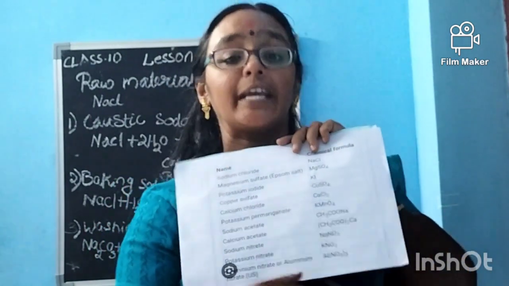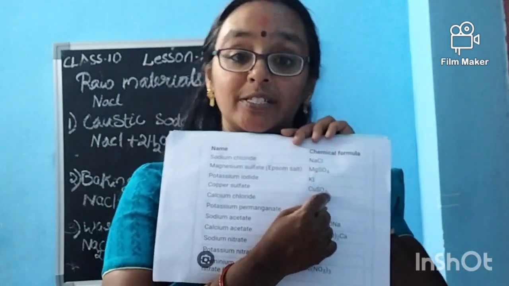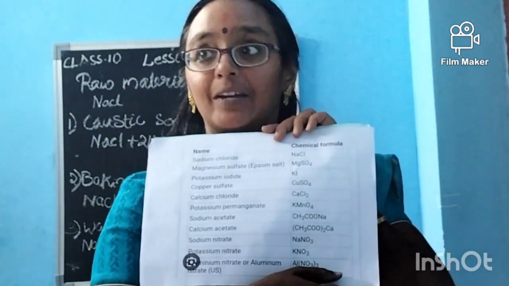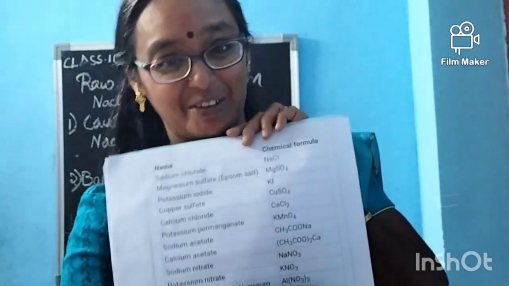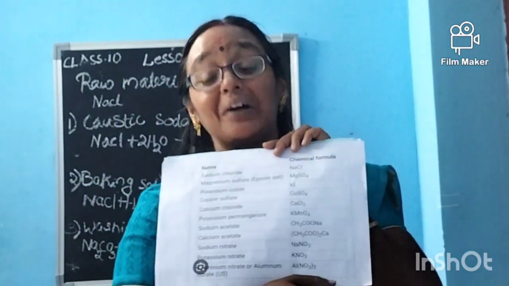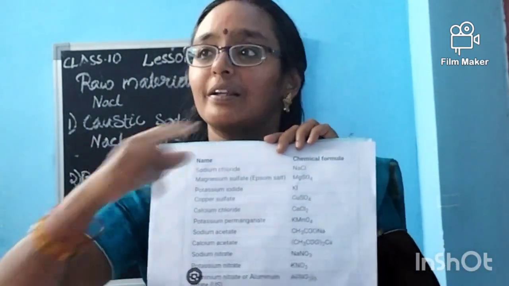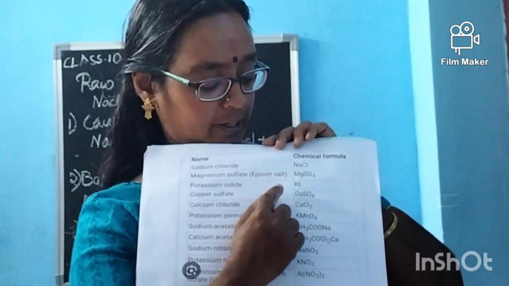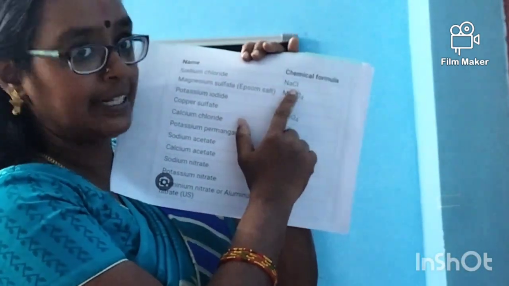So, when we see a salt, can we identify from which acid and which base the salt is coming? Like seeing a child, can you identify from which father and mother the child is coming? Like that only, because acid and base react together to form salt and water. Sodium chloride, Na plus and Cl minus.